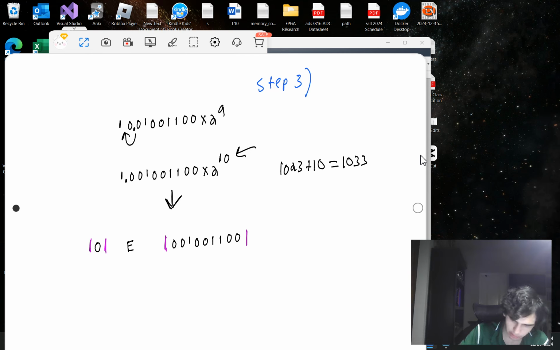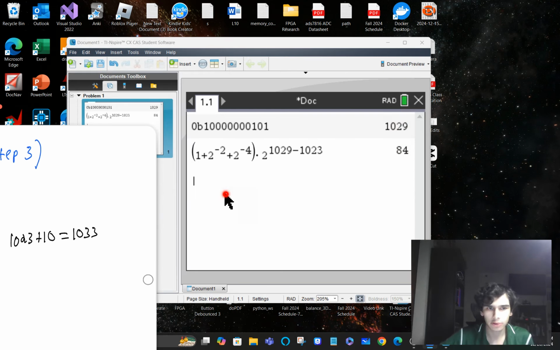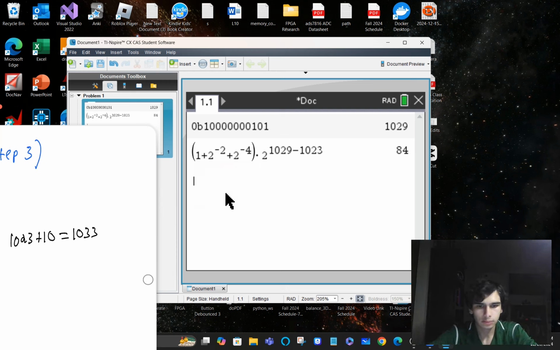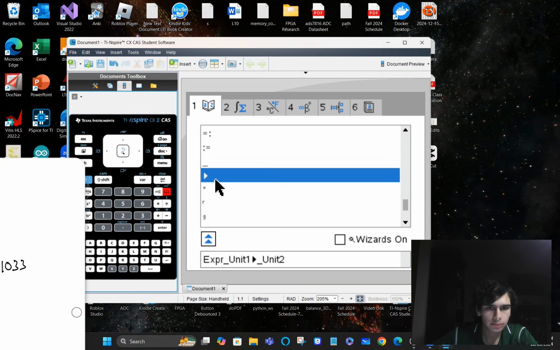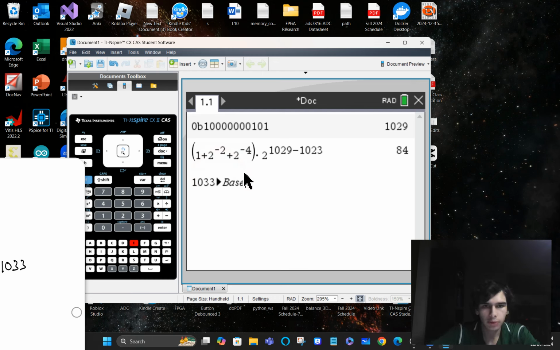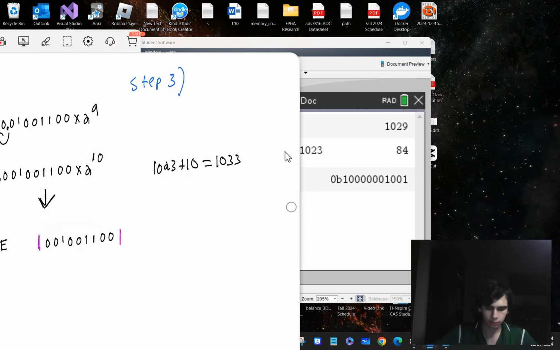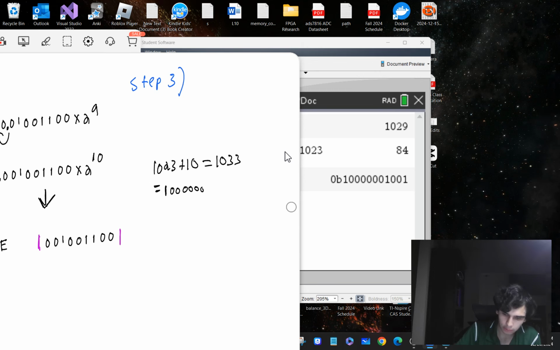Then we need to convert that to unsigned binary, which our calculator will do just nicely. 1033 base 2 is equal to 1, 0, 0, 0, 0, 0, 1, 0, 0, 1.